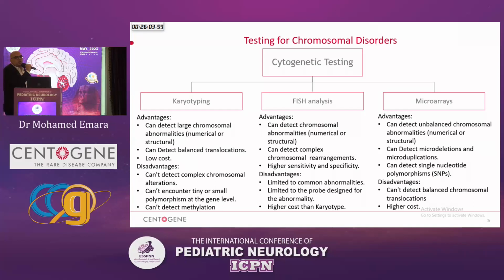So if I'm a physician having a patient suspected to have a chromosomal abnormality, the first option I can think about is searching for a technique, either the karyotype or the microarray, to detect this abnormality.